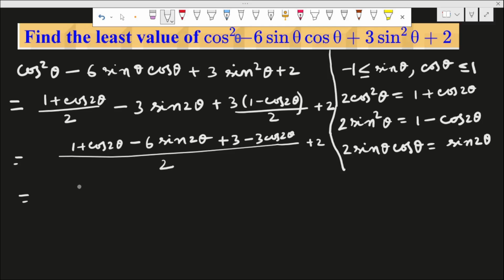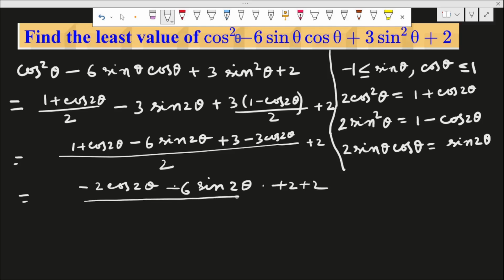What will be? Minus 2 cos 2 theta minus 6 sin 2 theta. 1 plus 3 is 4, 4 by 2 is 2. So we may write plus 2 plus 2 for these two terms by 2.